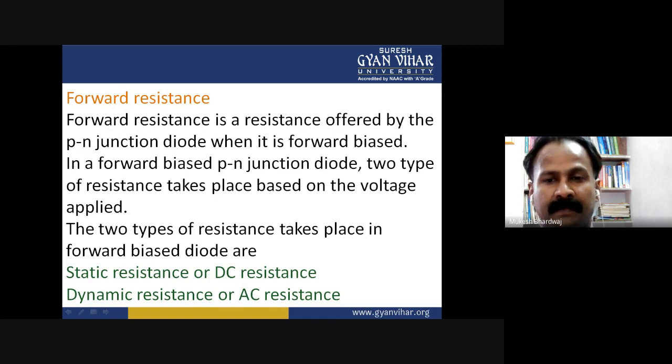And lastly, we had started with the resistance in PN junction diode, and now we are going to start with forward resistance in continuation to that.